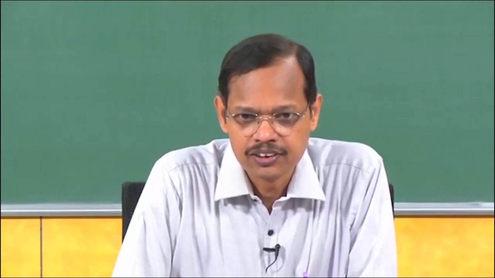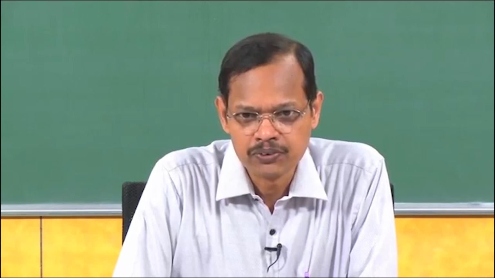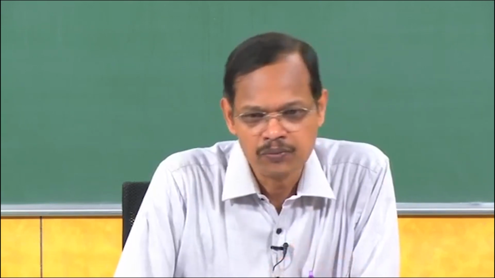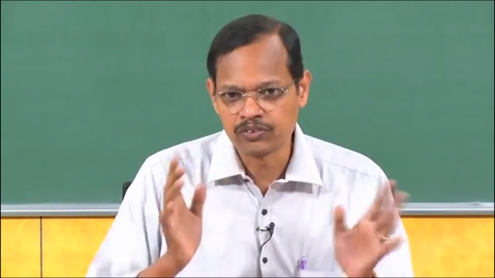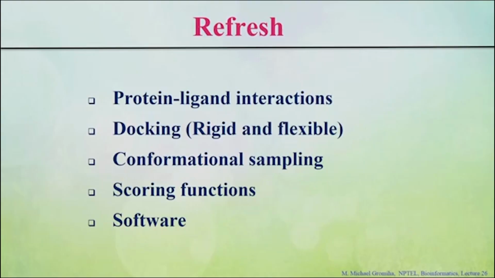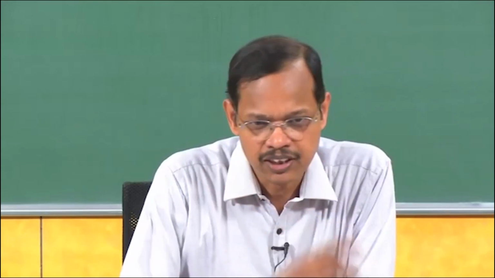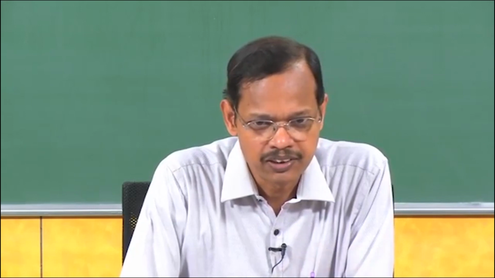In this lecture, I will discuss the virtual screening of compounds to identify lead compounds from a pool of different ligands. In the earlier lecture we discussed protein ligand interactions. What is a ligand? A small molecule which can trigger the activity of the protein when it interacts with the active site or the binding site.